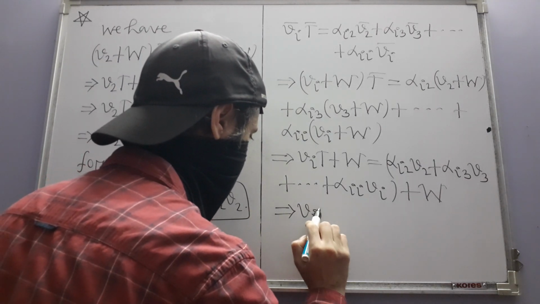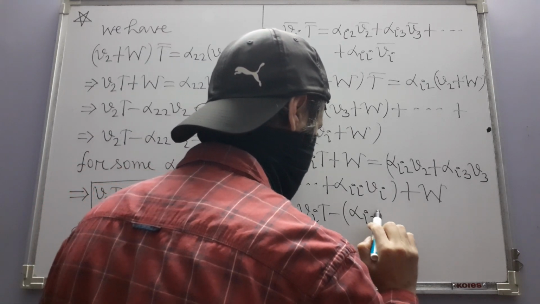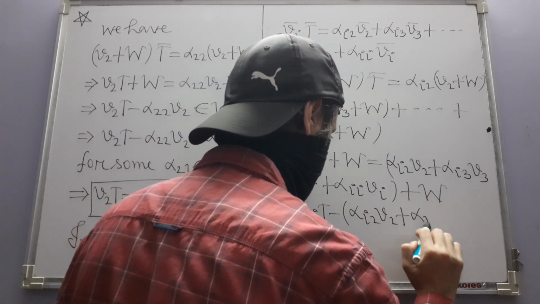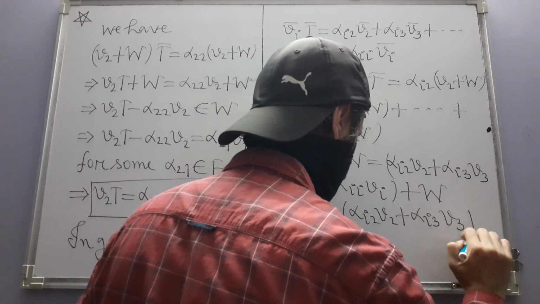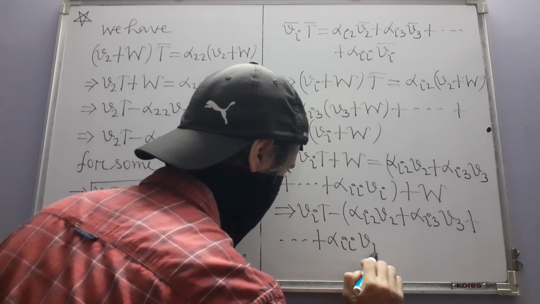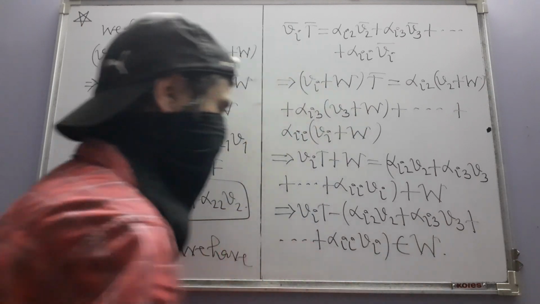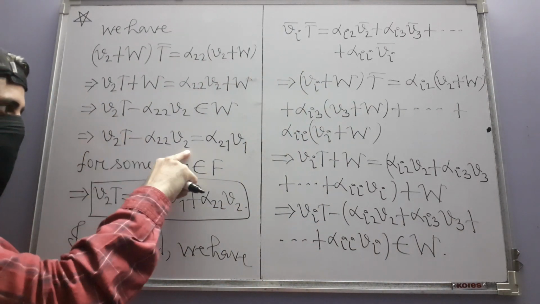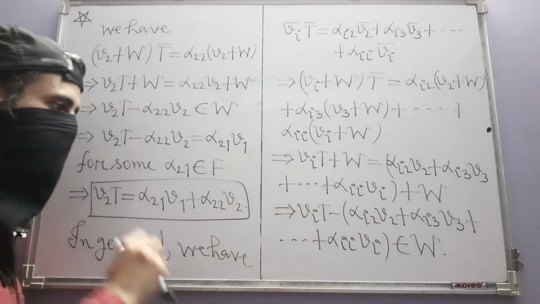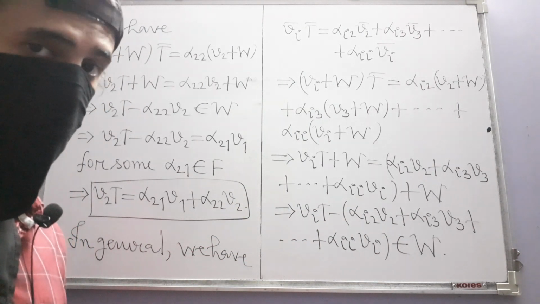So this means that Vit minus this belongs to W. So just like this one, this difference is also going to be some scalar multiple of V1.